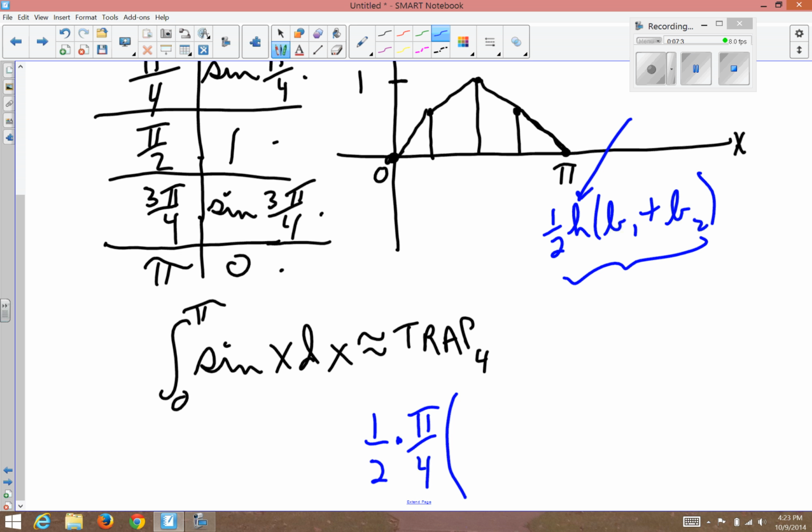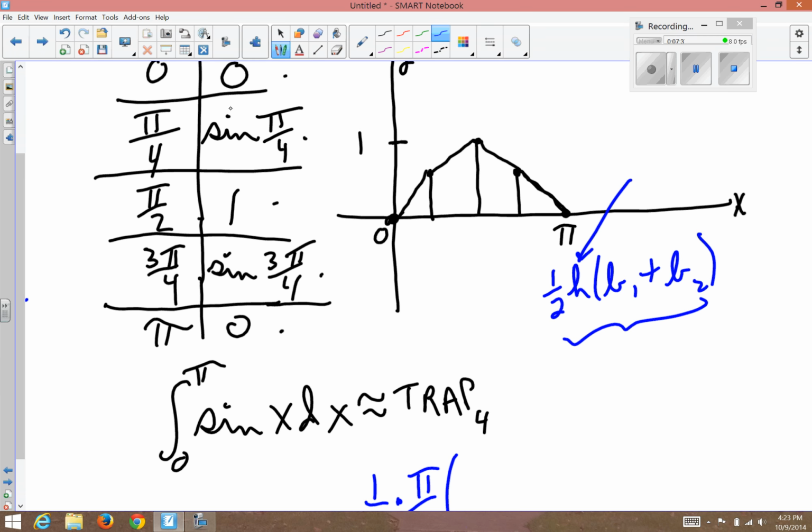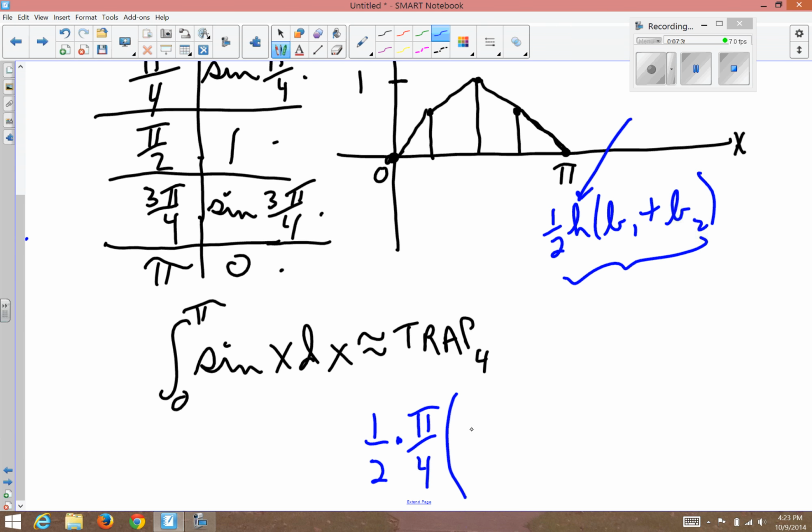The sum of the bases for the first trapezoid are 0 from this table, 0 and the sine of pi over 4. So 0 plus the sine of pi over 4. Right there, those are the bases of the first trapezoid, which really is a triangle. Plus, now I need the bases of this second trapezoid.